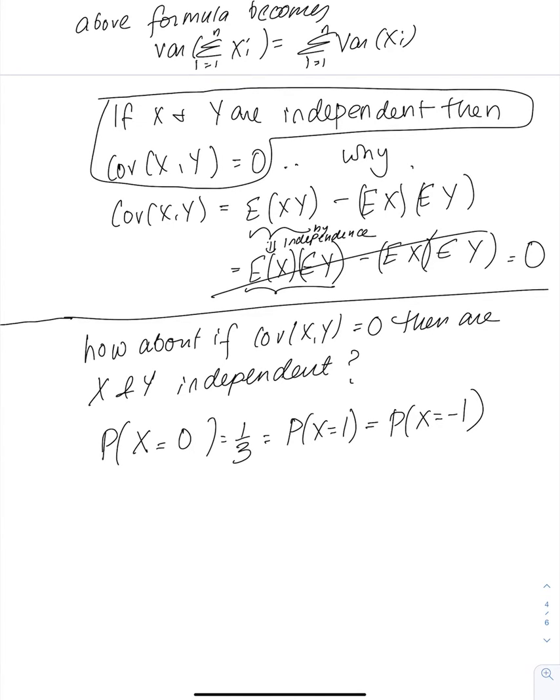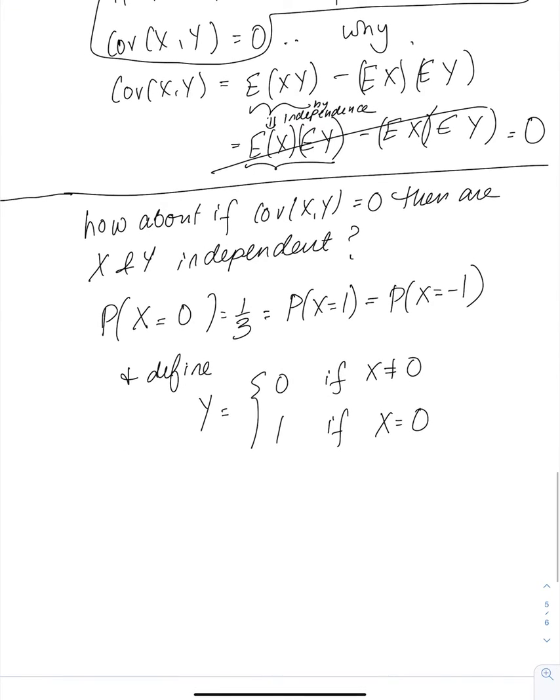And now let's create the random variable y. We'll define y to be 0 if x is not equal to 0, and y to be 1 if x equals 0. Okay, so clearly the random variable y depends on x. In this case, what you have is x times y. Firstly, x can be 0, 1, or -1.